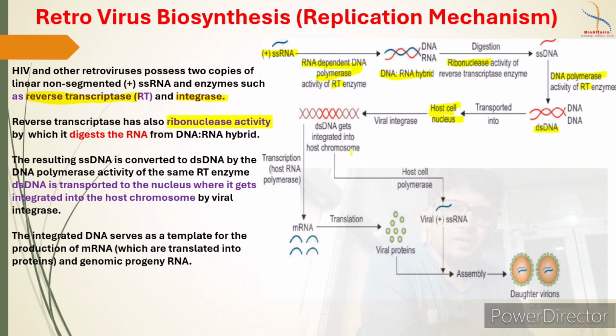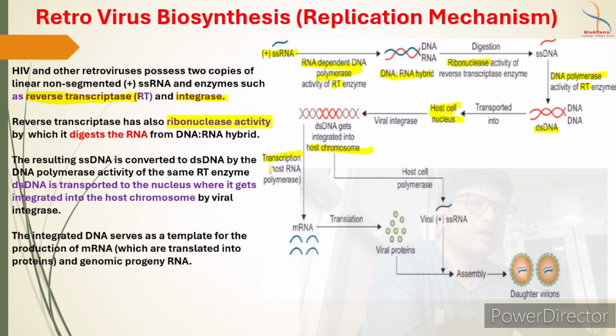So whenever the cell divides, this machinery will be divided, or the viral DNA is dividing, right? Whenever the cell is replicating, or whenever any enzymes or proteins are being produced, or when it is transcribing or translating, the viral DNA will be transcribed and translated. Now this double-stranded DNA gets integrated into the host genome, as I have already told you. From there, what will happen?